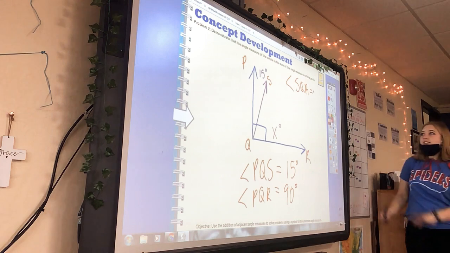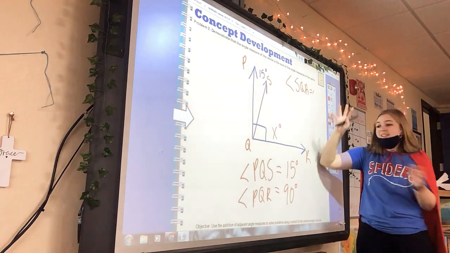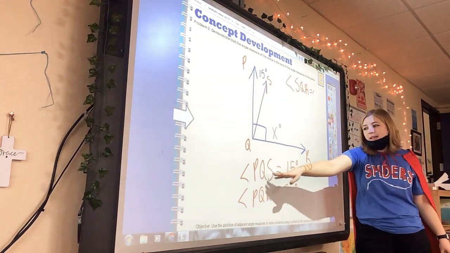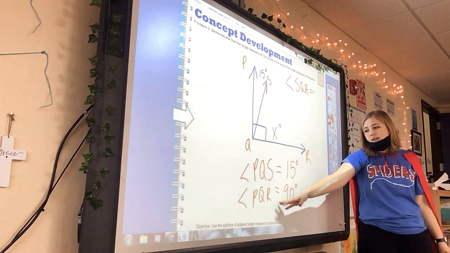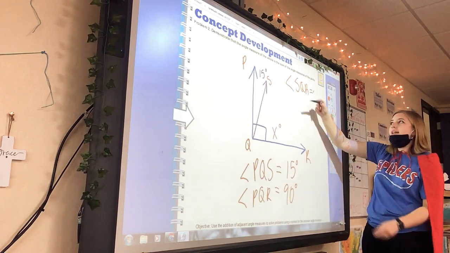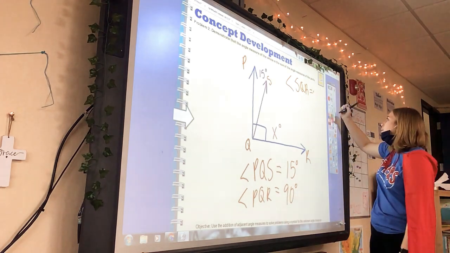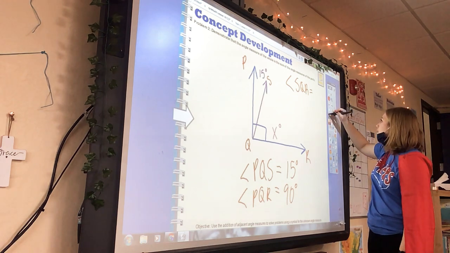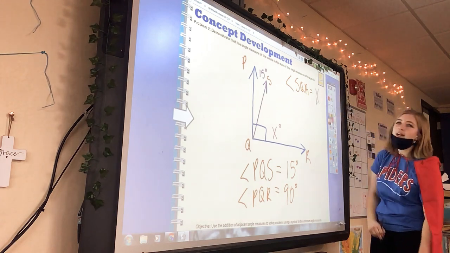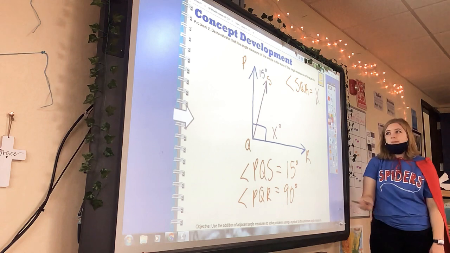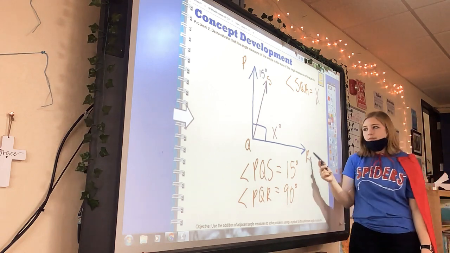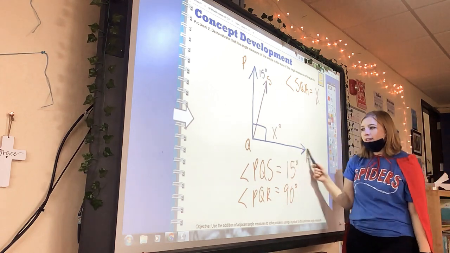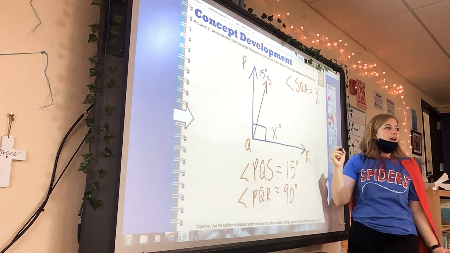Yeah. Okay. So right now, this is what we know. We know angle PQS is 15 degrees, angle PQR is 90 degrees, and that angle SQR equals X. Okay? Right now we know that it equals X. Alright? So to find it, okay, this whole thing, angle PQR equals what?